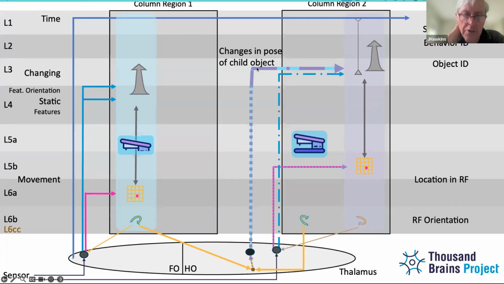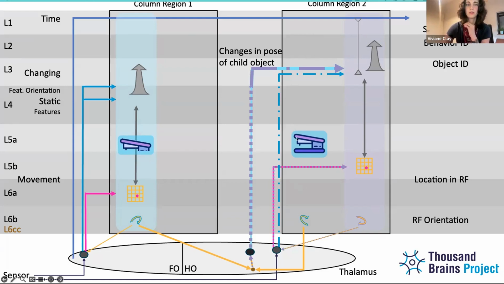Is it a change, or is it just the current orientation? No, it would be the change, because the behavior model only gets changes as input. So it doesn't get input if there's nothing changing. So if we just have a stapler sitting there, we calculate the relative orientation of the top to the stapler, and that becomes the input to layer 4, to the morphology model.